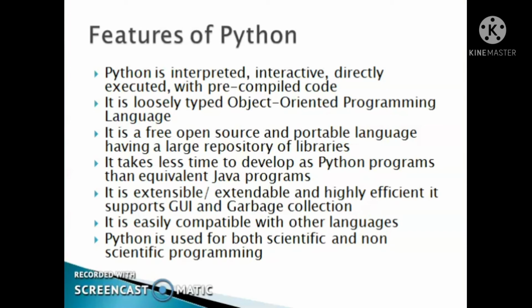It supports GUI, meaning graphical user interface, and garbage collection. It is easily compatible with other languages like C, C++, Core Java, etc. Python is used for both scientific and non-scientific programs.